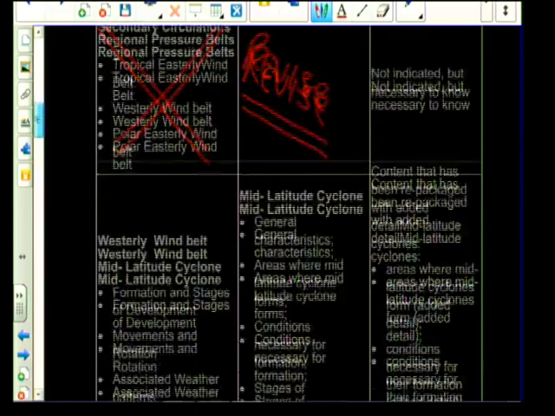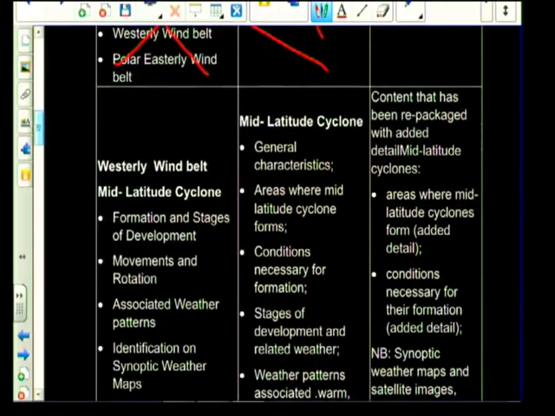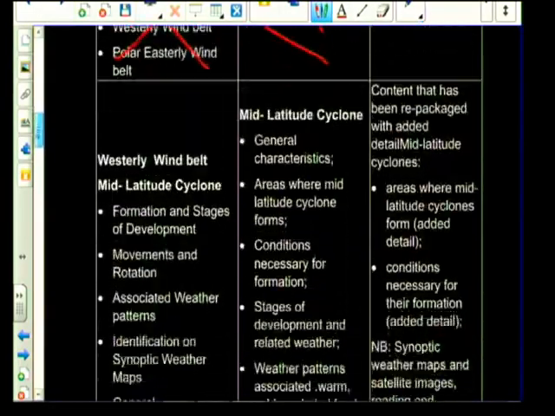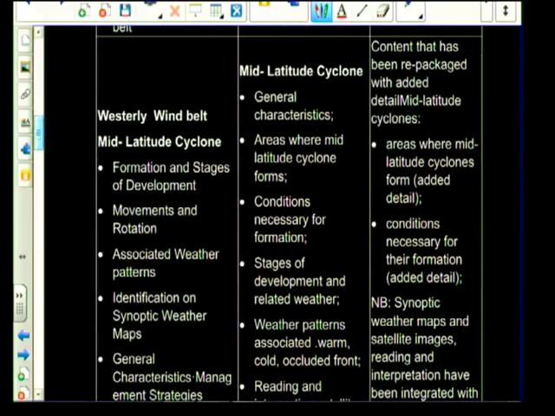All right? In the past, we had the westerly wind belt and the mid-latitude cyclone. We have it down here also in the new CAPS curriculum. Just that the new CAPS curriculum has got a bit more specific in terms of its information, but all these factors are there, and it also added on to the content of mid-latitude cyclones.